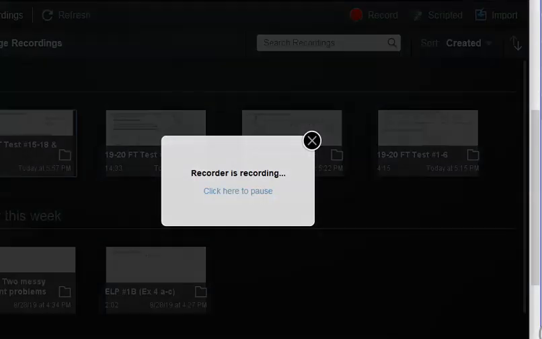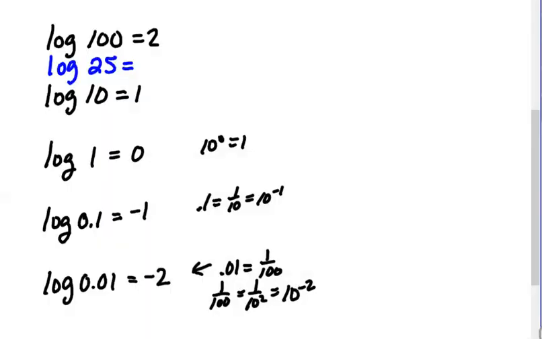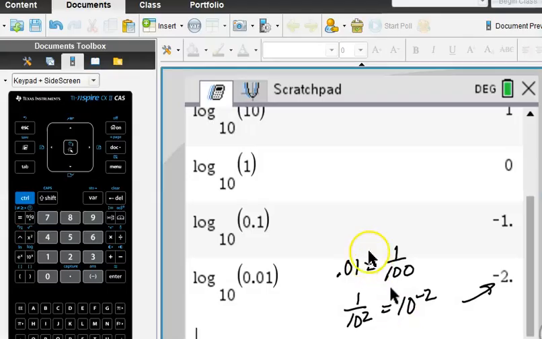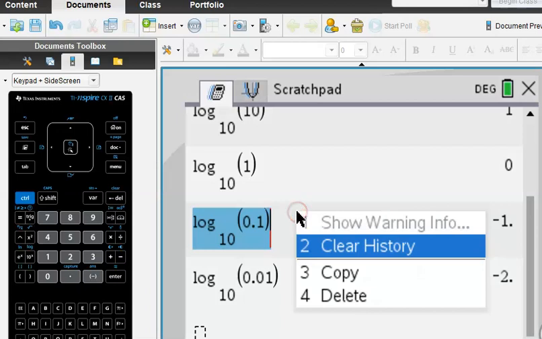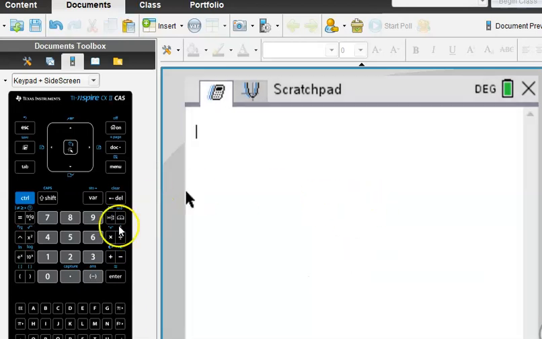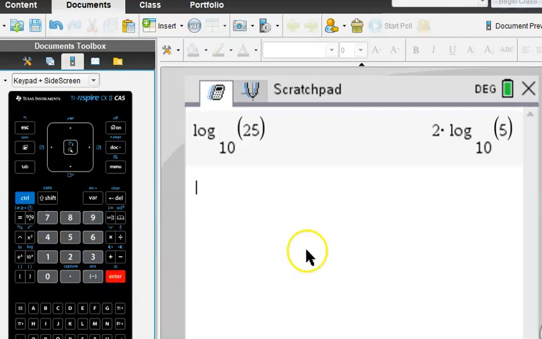So this is one where we're going to want to check this out on the calculator. I'm going to erase this off again here, and clear this to start over so we can see this better. So I'll do my log again: log base 10 of 25. Now, if you just push enter here, you get 2 times log base 10 of 5.